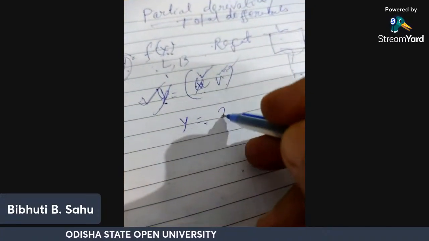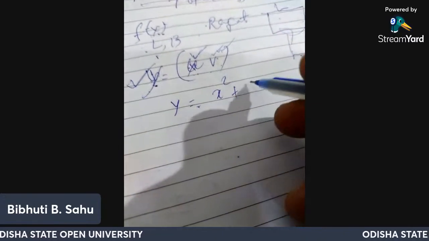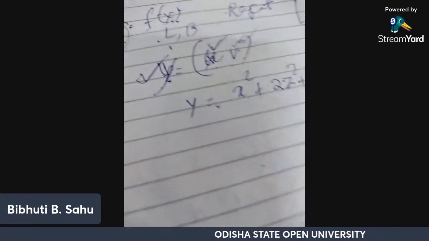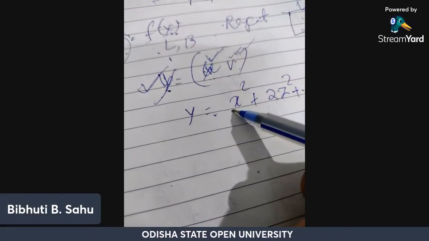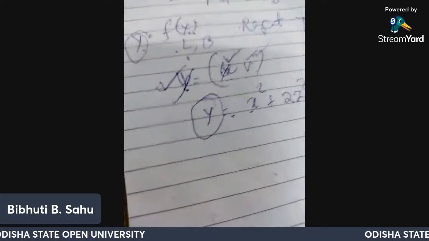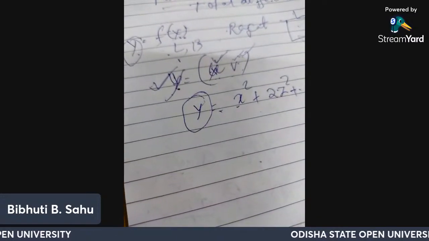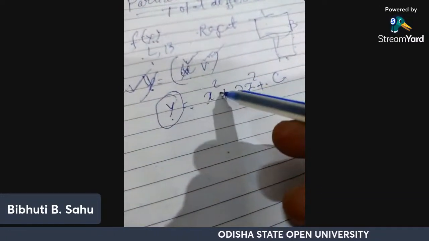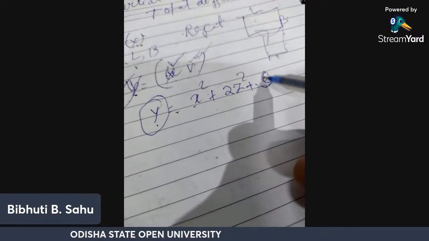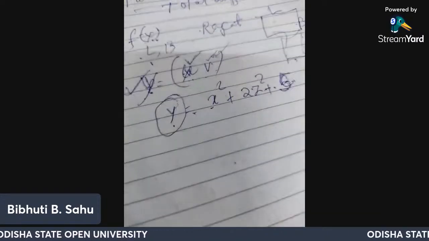Let y is equal to x square plus 2z square plus c. When we want to study the impact of change in x, if y is a function of x and z, and c is a constant value, let it be 5.